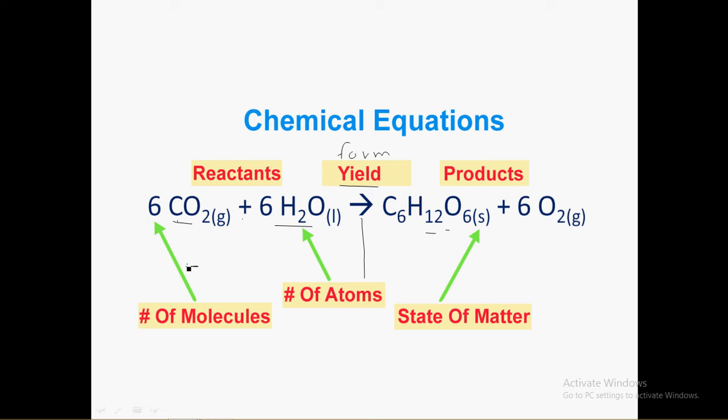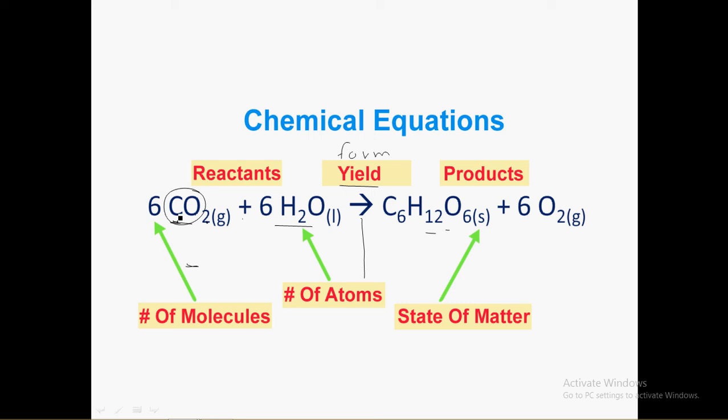This C stands for carbon and O for oxygen. All of them together are carbon dioxide. That 6 stands for the number of molecules. How many carbon dioxide molecules are there? 6 carbon dioxide molecules.